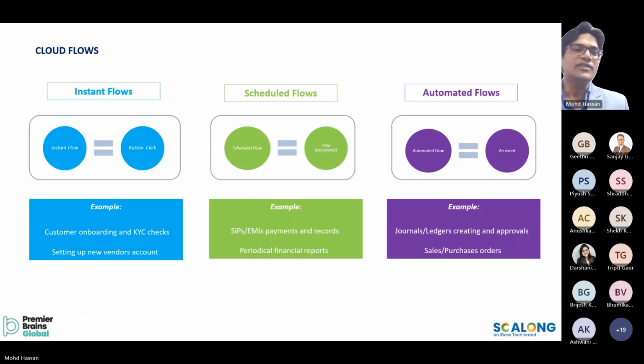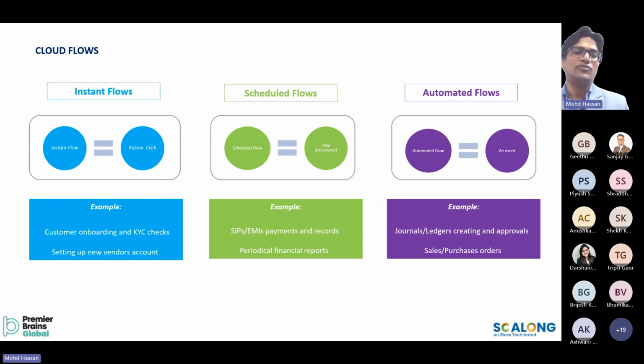Under cloud flow, there could be three types of flows. One is the instant flow. It gets triggered instantly on the happening of something, like customer onboarding and the KYC check. If there is a process going on related to customer onboarding or the KYC checks, it will instantly flow on the click of a button.